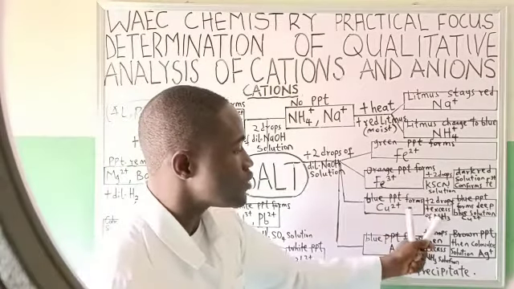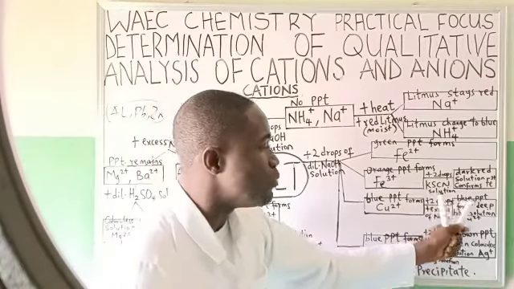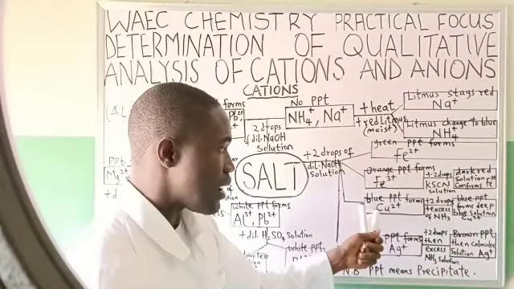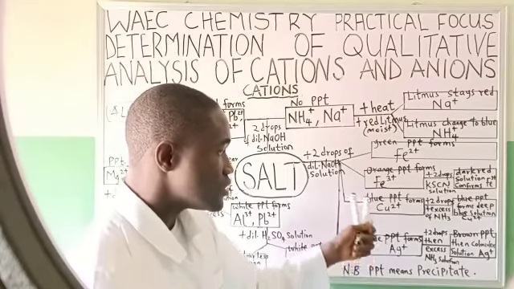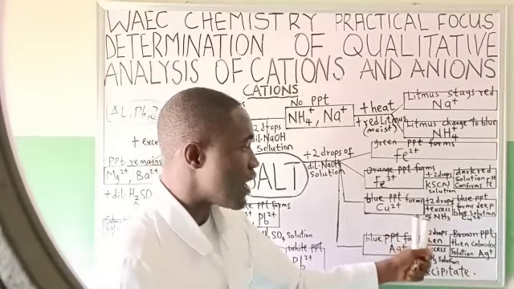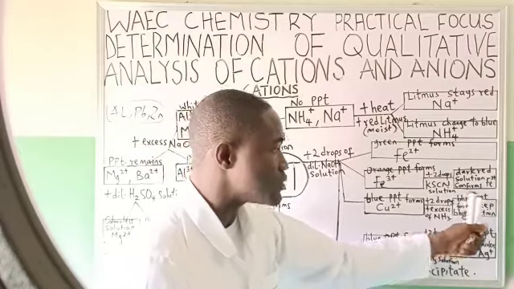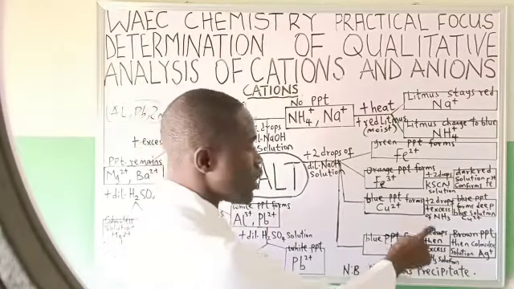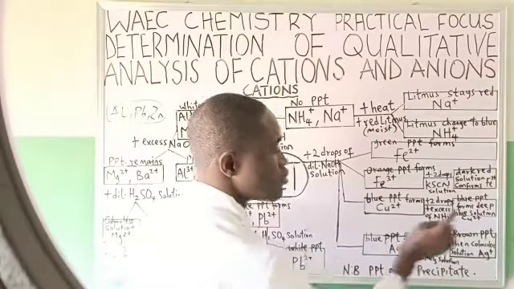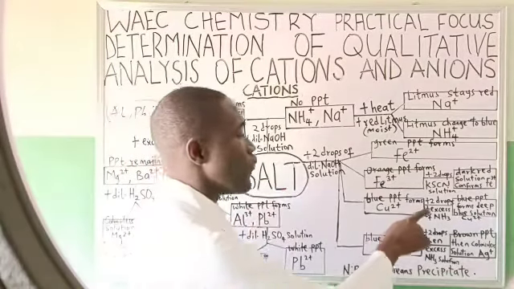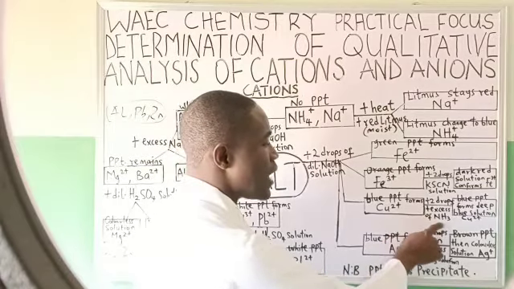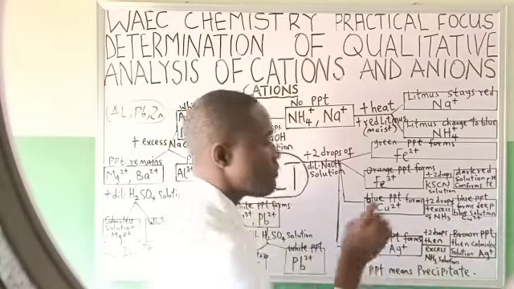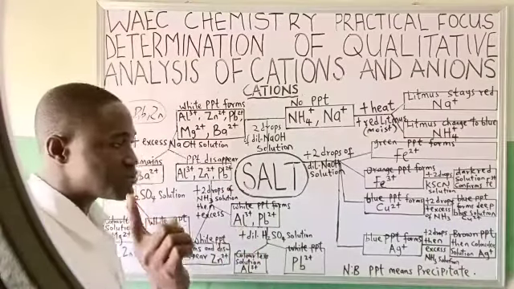When you add 2 drops of ammonia and it gives you a blue precipitate, still talk about copper, don't talk about silver, because 2 drops of ammonia here will give you brown. So when you now add excess ammonia and it gives you a deep blue solution, know that copper is confirmed. Deep blue solution, not precipitate.